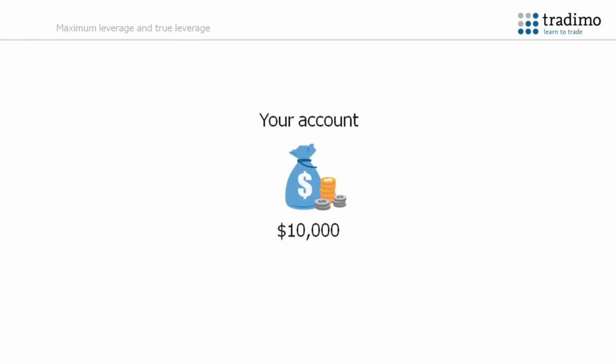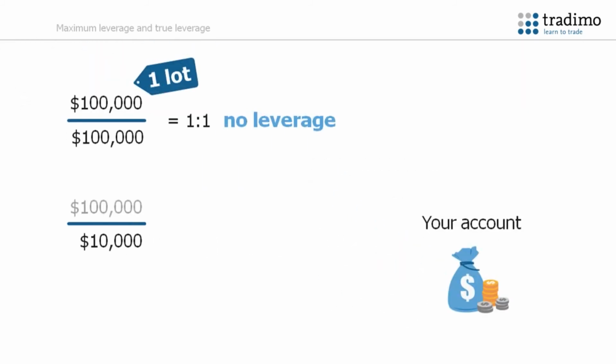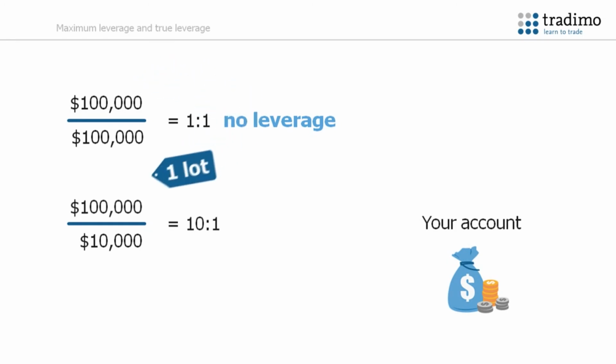If, however, you only have $10,000 and you bought a standard lot, then the true leverage is 100,000 divided by 10,000, which is equal to 10 to 1. So the leverage for this trade is 10 to 1.